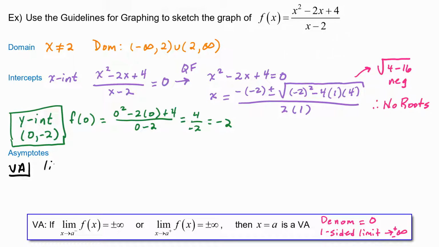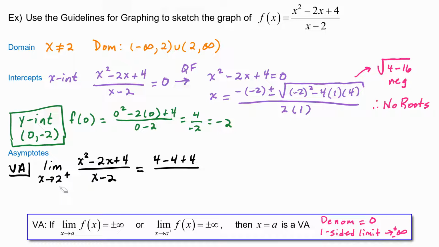So the limit as x approaches 2 from the right of x squared minus 2x plus 4 over x minus 2. If we plug 2 into the numerator, we get 4 minus 4 plus 4.